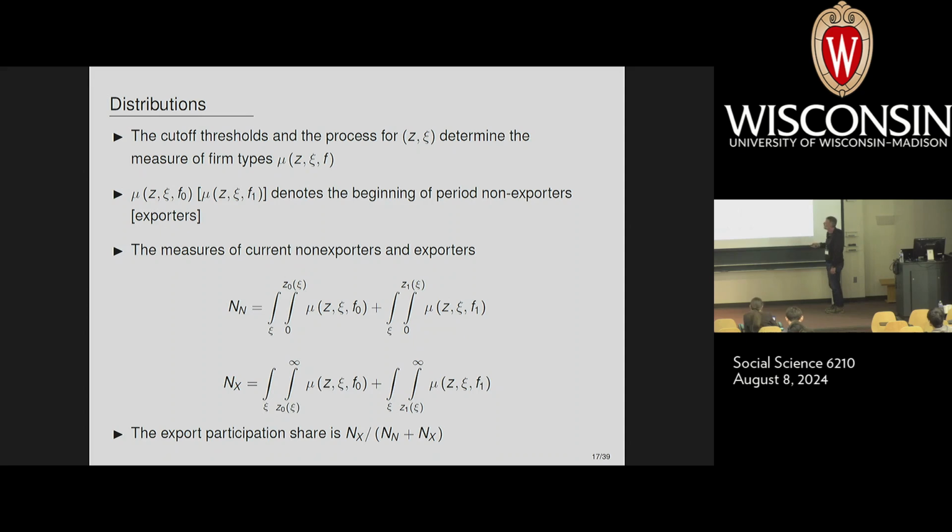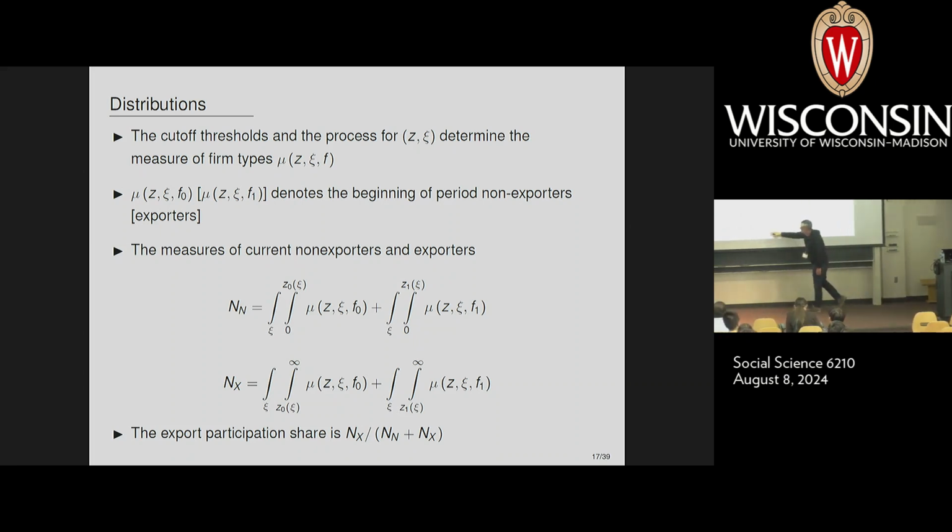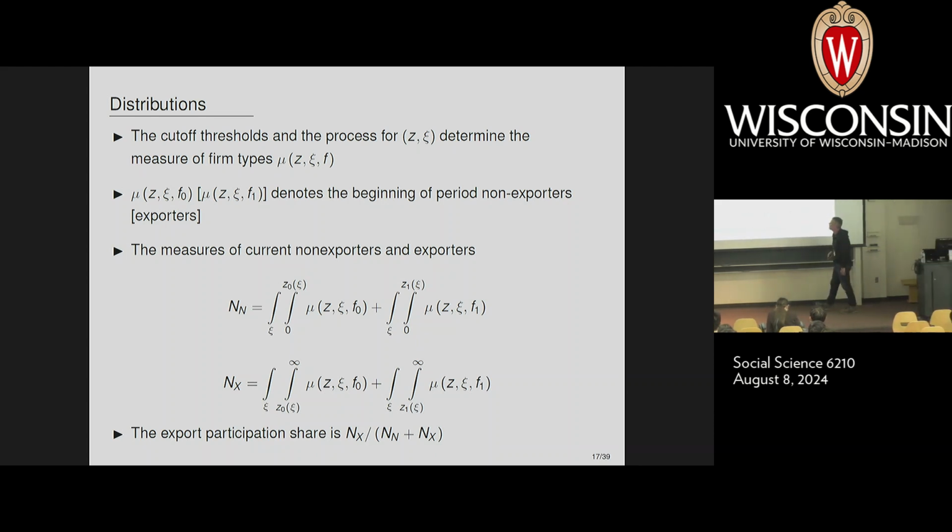And similar things here. These are all my exporters. These are my firms who didn't export last period, but whose productivity crosses above the threshold for entry. These are all my firms who exported last period and have stayed above the exit threshold. Right? So then from there, I can do stuff like define the export participation rate, for example.